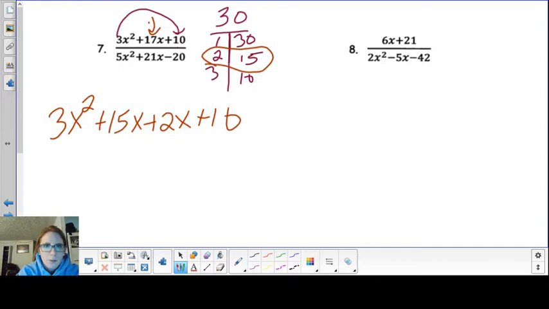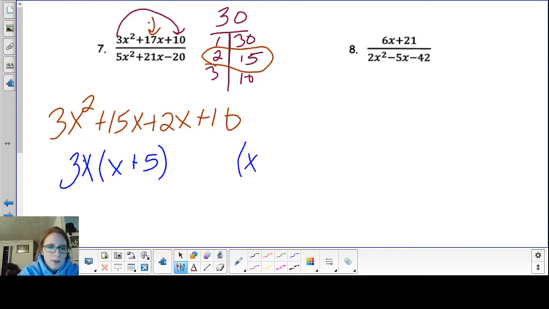What can go into 3x squared and 15x? Well, by golly, a 3 can divide out. Can I divide out any x's? Sure I can. So I'm left with x plus 5. Then I'm going to leave a little space and write x plus 5.